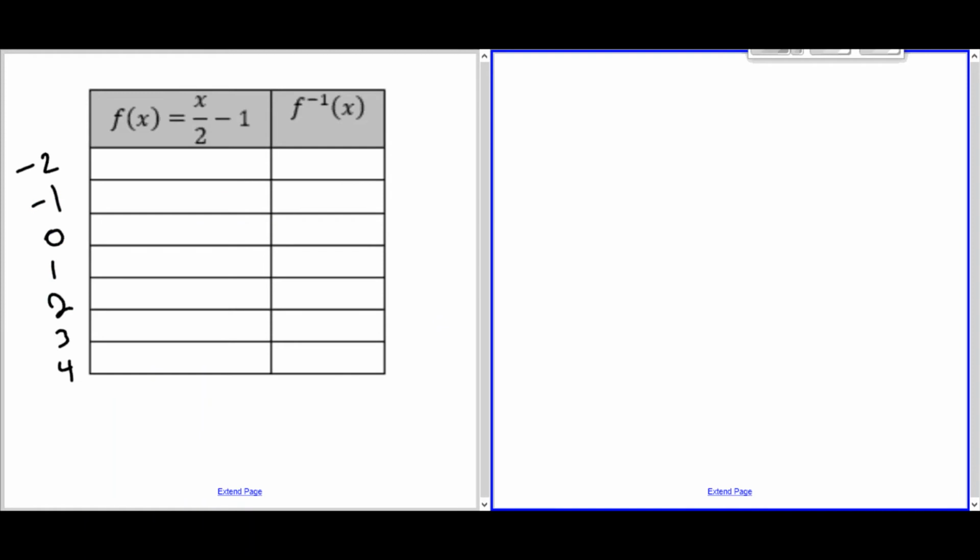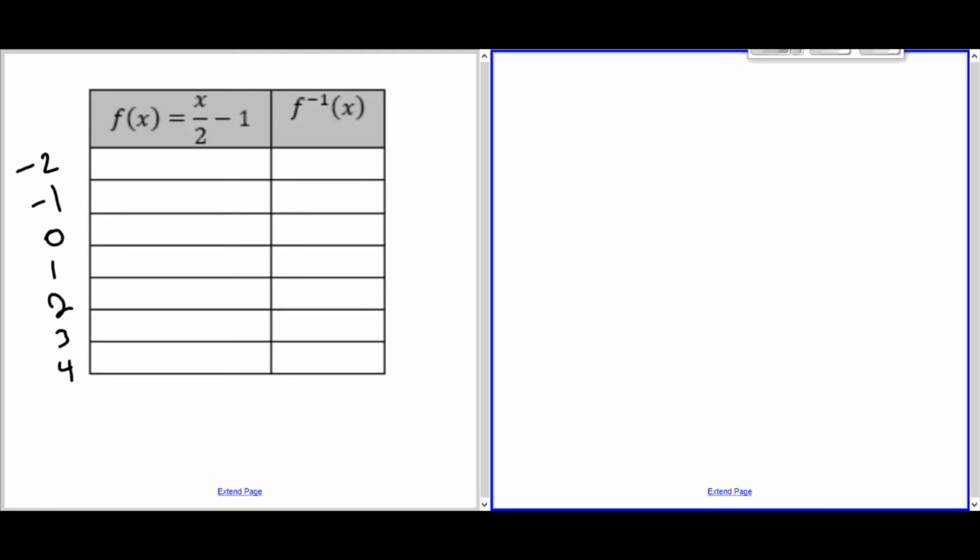So the next example is for you to try. They didn't give you the ordered pairs, so I'll help you get the ordered pairs. The values for x that I would suggest you plug in are -2, -1, 0, 1, 2, 3, and 4. So you're just going to plug -2 in for x.